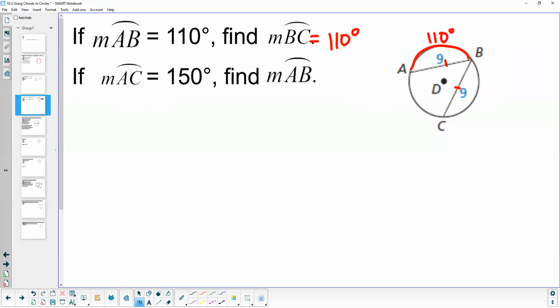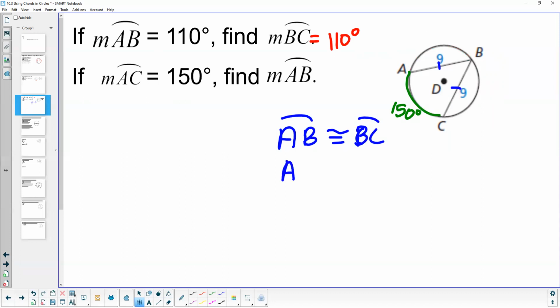Similarly, if AC here is 150 degrees, and we want to figure out what AB is, because we know that chord AB and chord BC are congruent to one another, that means that arc AB is going to be congruent to arc BC, meaning that they have that same measurement.